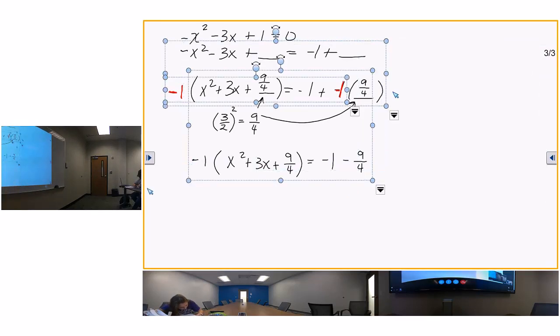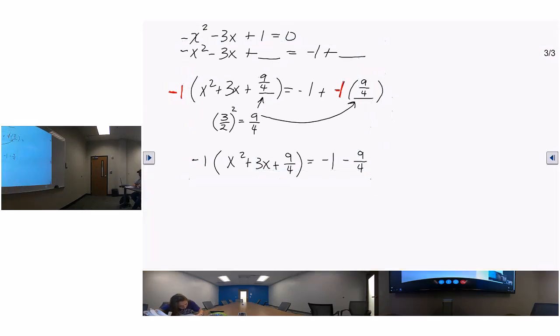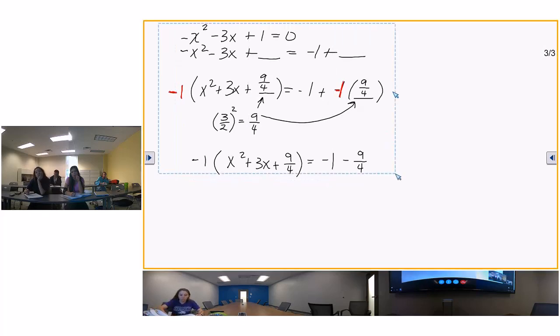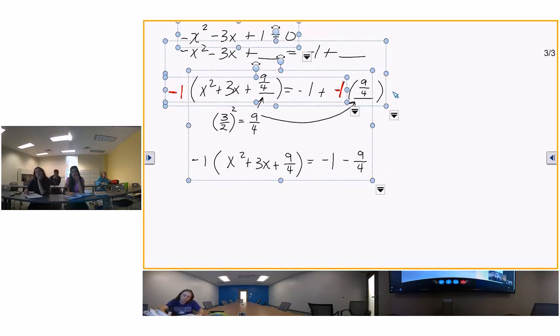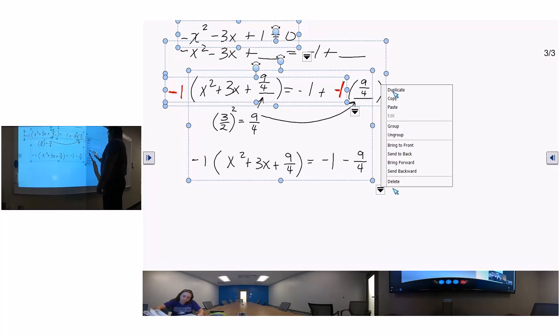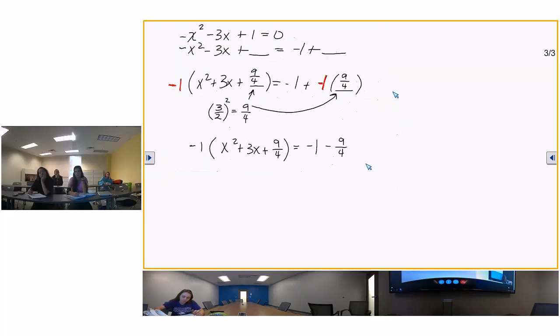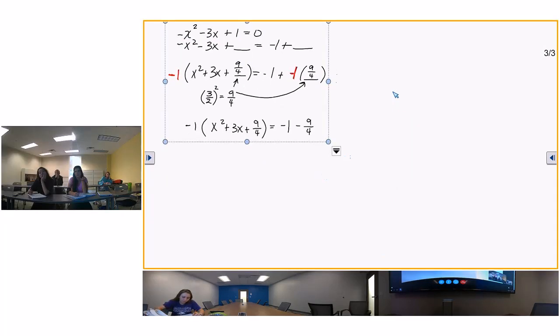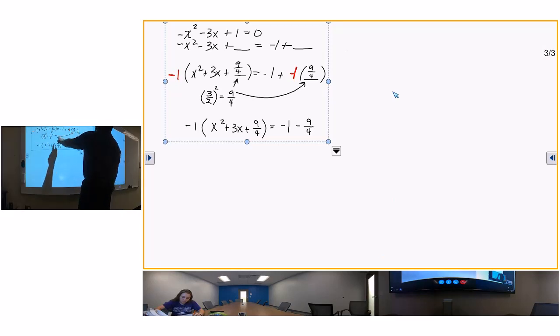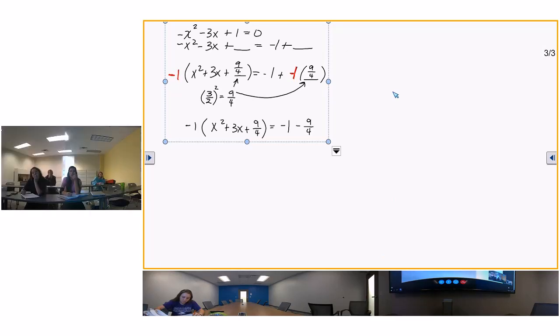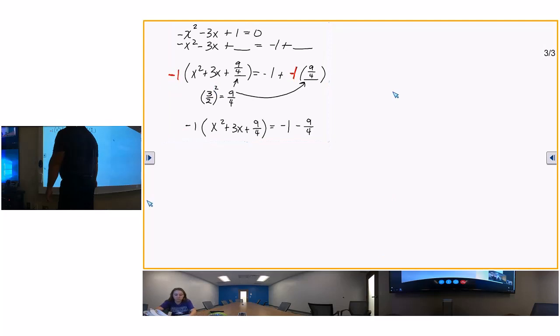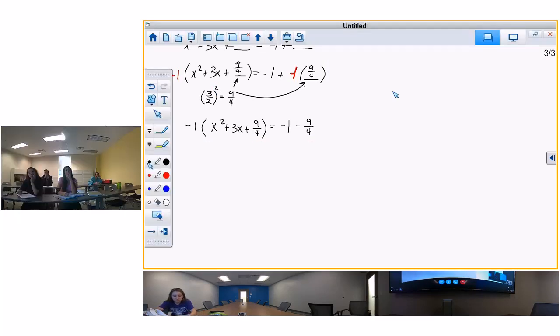So when you get the 9/4 over there, why is it still positive? Hold on a second. Multiplying it all by negative 1, or is that just the x squared plus 3x? You're talking about right here? Yes, sir, on the other side. Because you square it. Whenever you square something, what does it do? She's talking about the sign. Doesn't matter what you put in here.